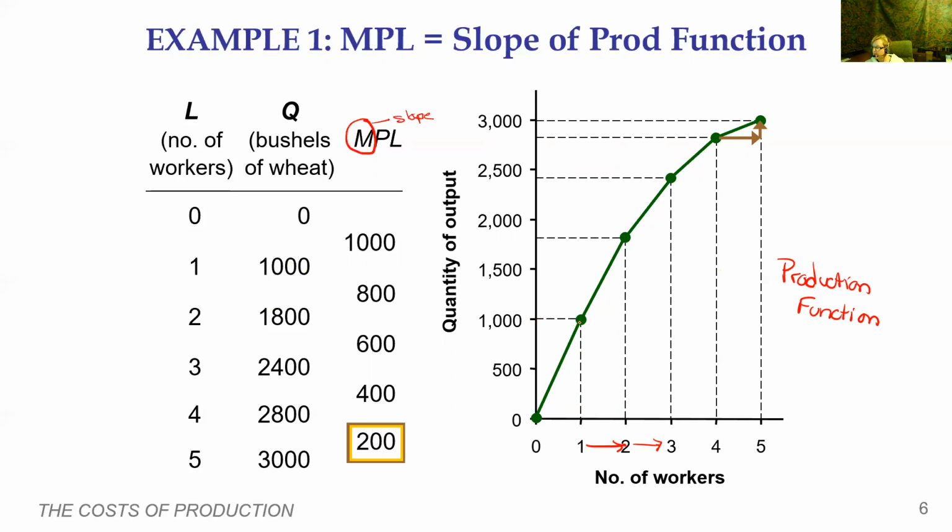Then to determine our marginal product of labor, we take that change in the quantity divided by the change in the labor, or the slope of the production function, and that's going to give us our marginal product of labor.